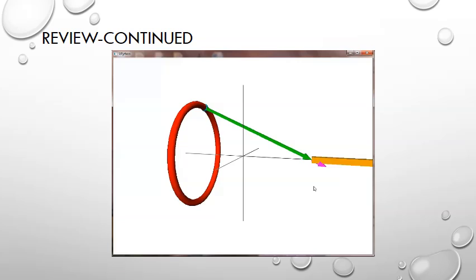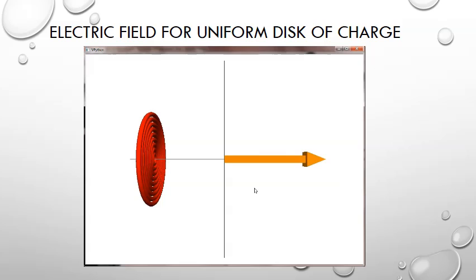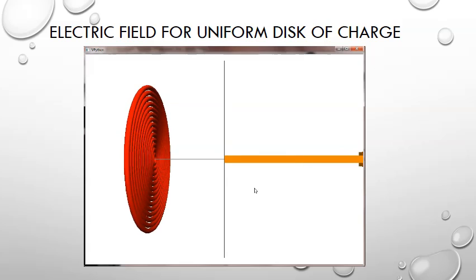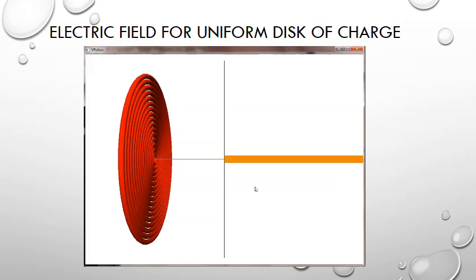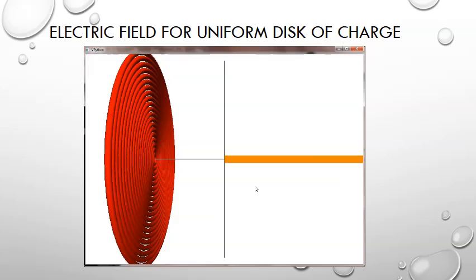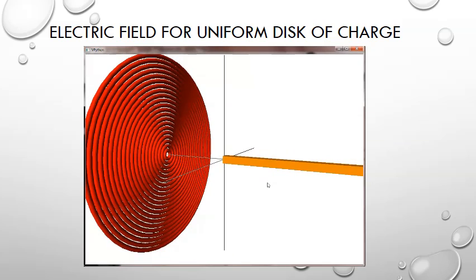So using that idea, what we're going to do is talk about a disk. And for a disk, we're going to model it as a whole bunch of rings. And so you can see here, if we're a distance above the disk, that the electric field points away from the disk if the disk has a positive charge. It would point towards the disk if the disk had a negative charge.